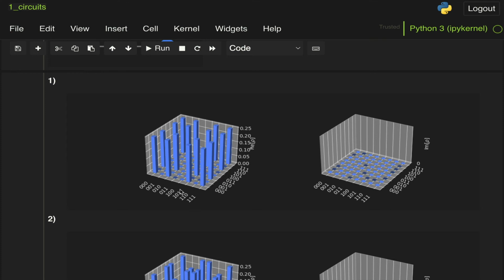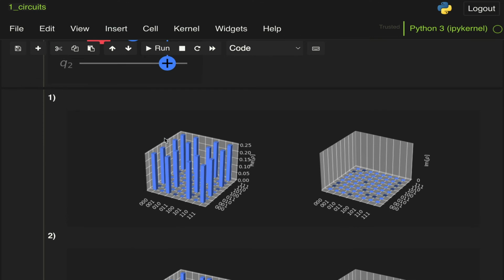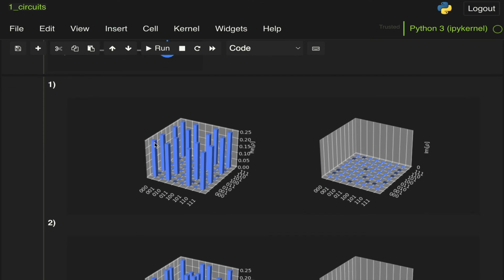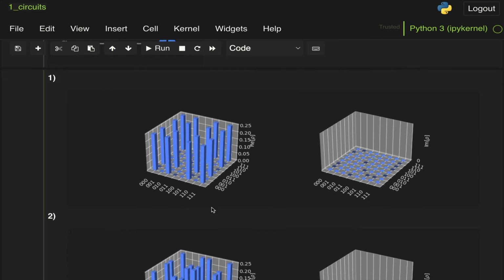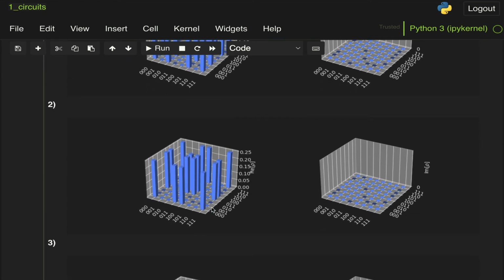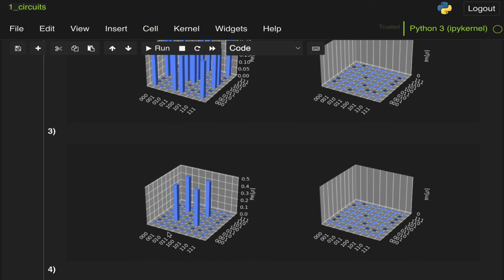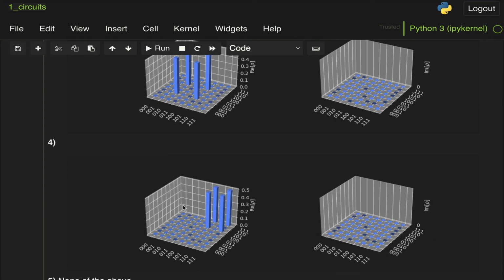So this seems to be the answer to this problem, because we have diagonal terms associated with the terms that we found. If we look at the next one, our state had a superposition of state 010, and here we see there's no probability associated with that, so this can be our answer. Same in this case, and same in the last case.